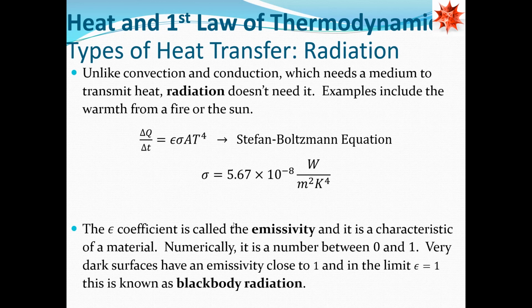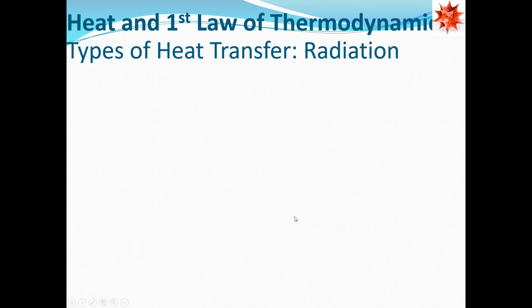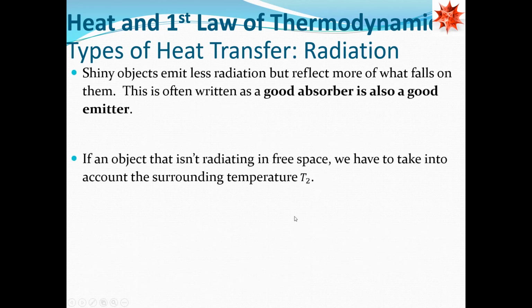Dark surfaces, something that can absorb or emit energy very well, are very close to 1. And this is actually where black body radiation comes into play. Something that has a 0 would be a good reflector.